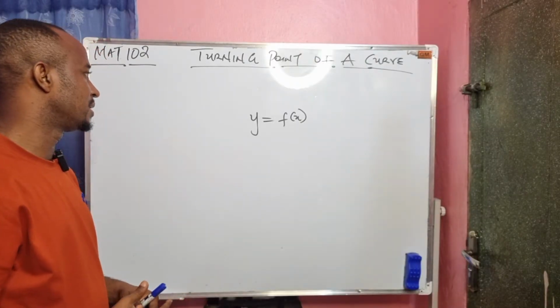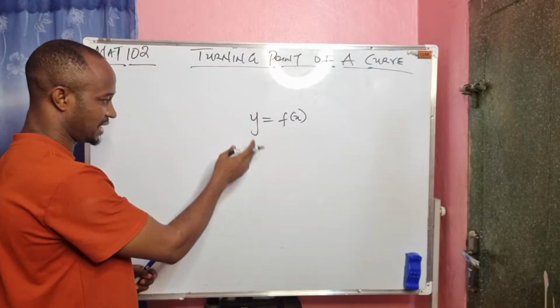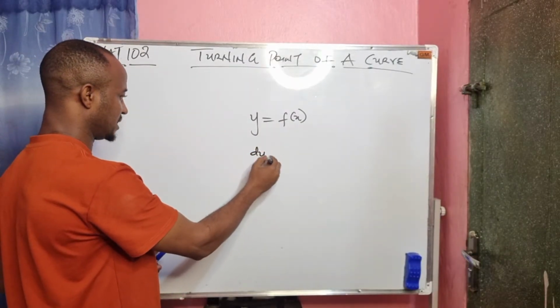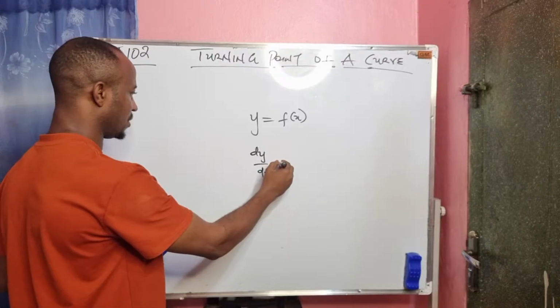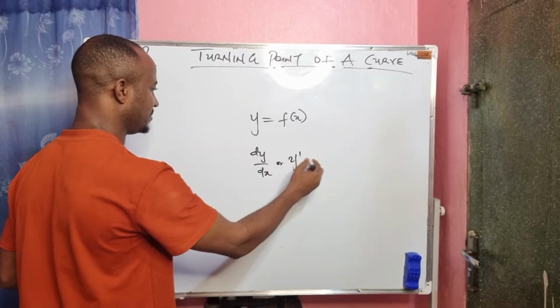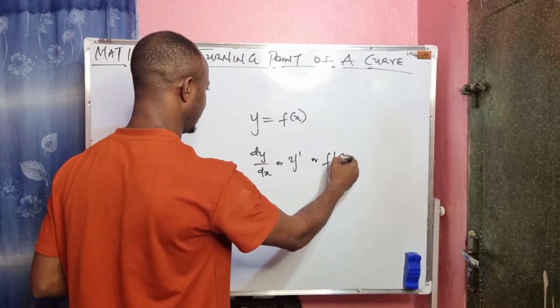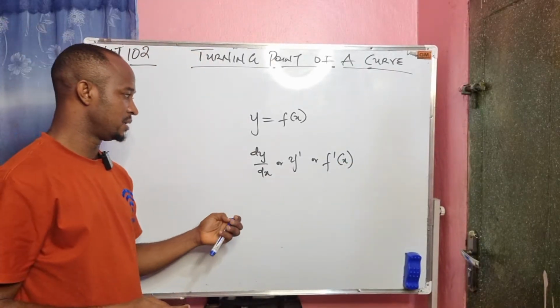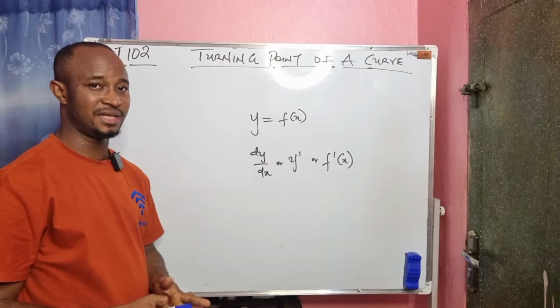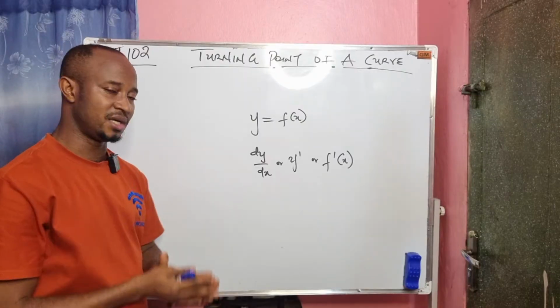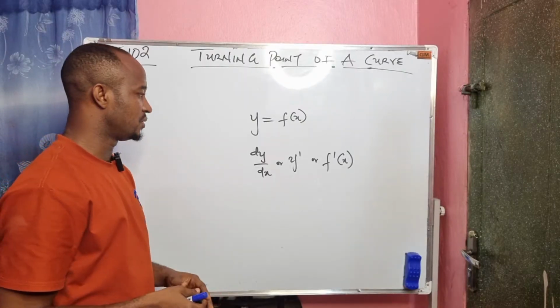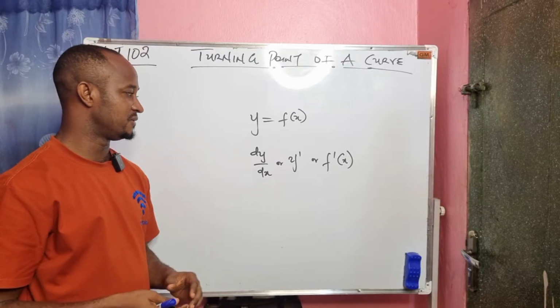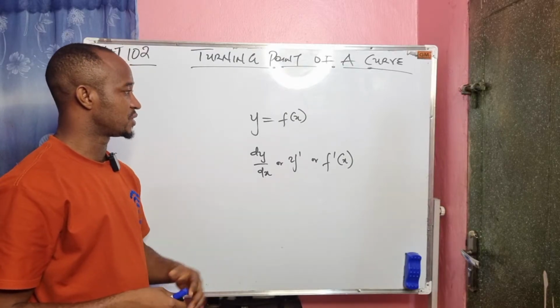To find the derivative, we use the symbol dy/dx, or y prime, or f prime of x. This is simply the symbol used in finding the derivative of a given function.